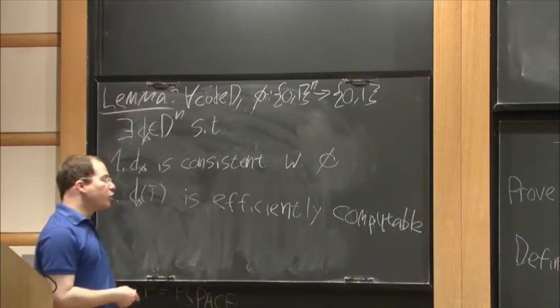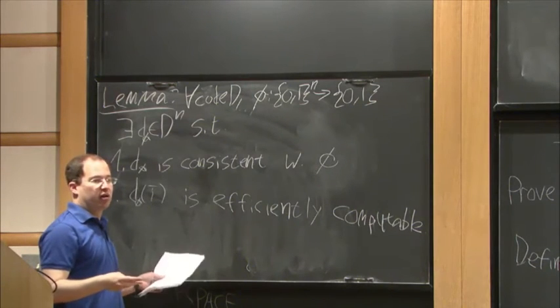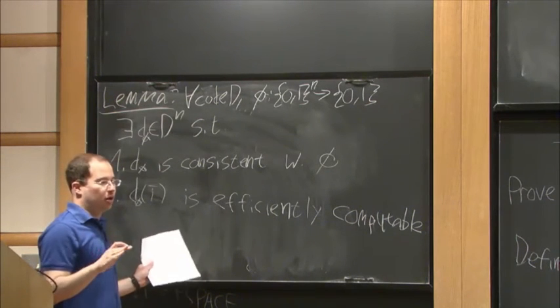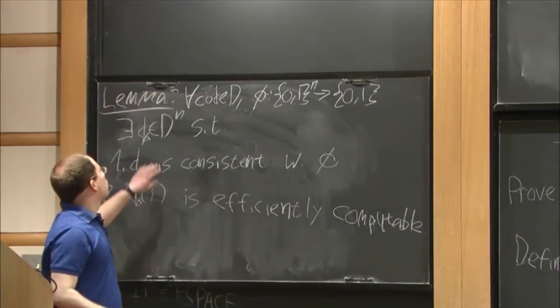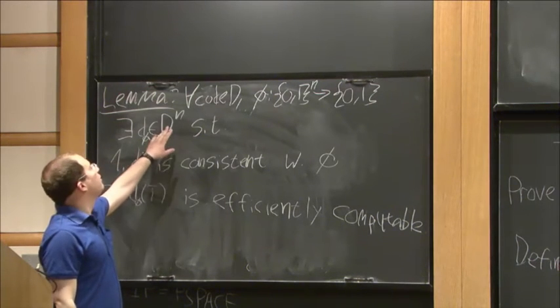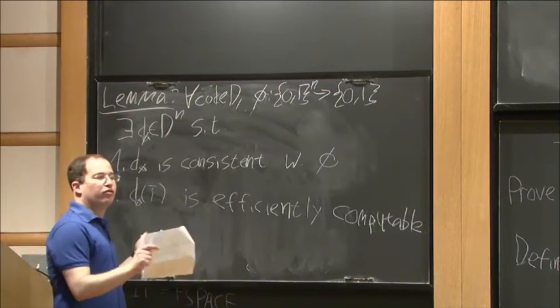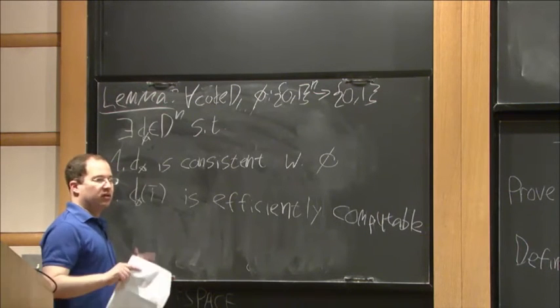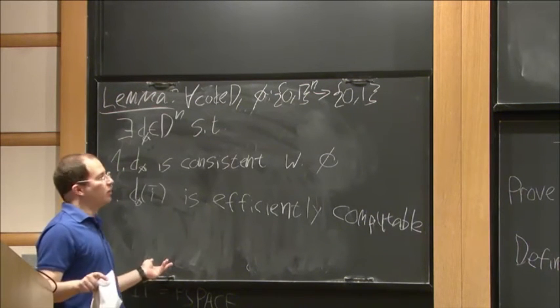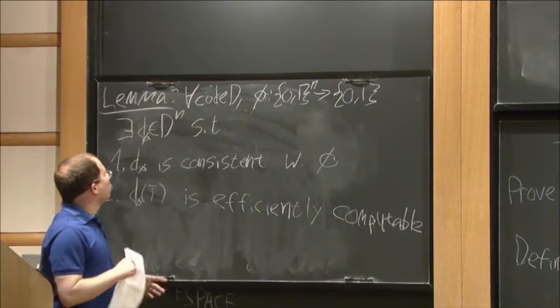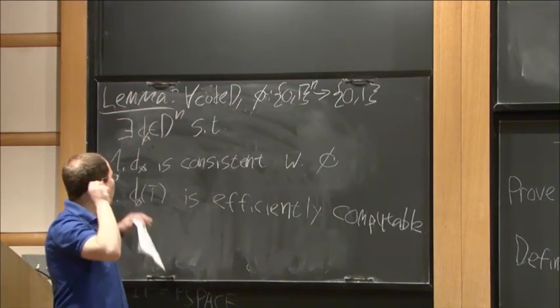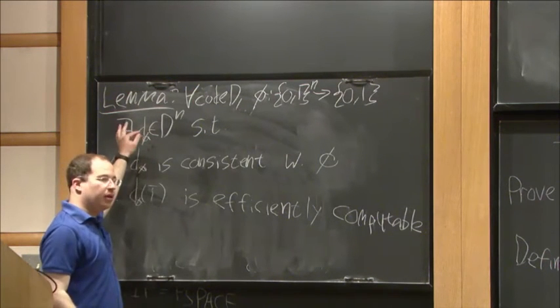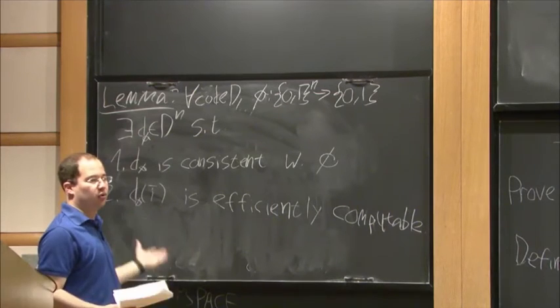So I claim that this is just a generalization of the classical arithmetization technique, which works with capital D being the univariate low degree code, D to the n being the multivariate low degree code. And what we usually get is a polynomial P sub phi, and now we have a code word d sub phi.